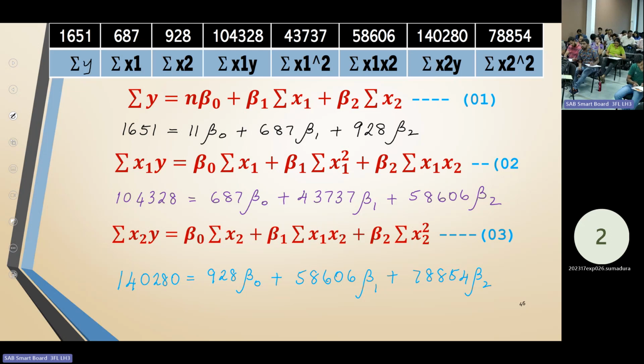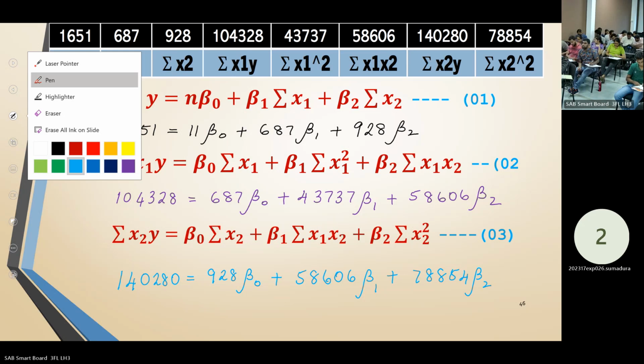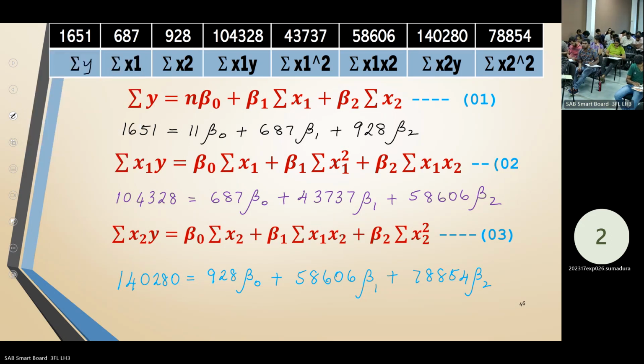For a three unknown case, the general format would be something like this. A1x plus B1y plus C1z equals D1. Right, A2x plus B2y plus C2z equals D2.